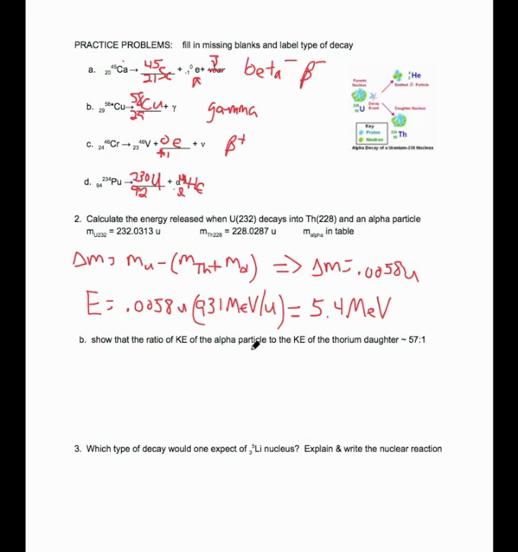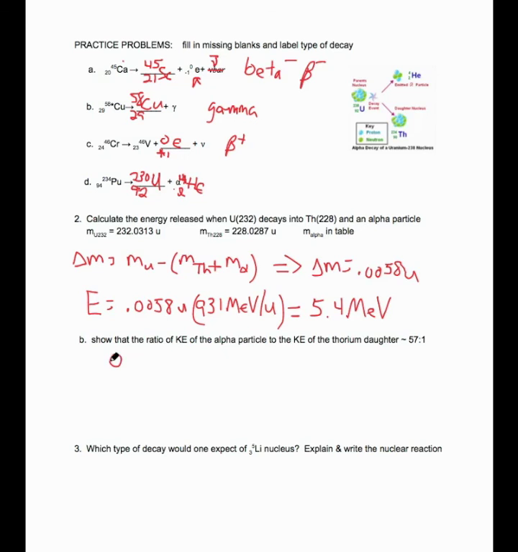Okay, so we have two daughter products in this decay. We have the thorium, which is a large nucleus, and the alpha particle, which is a very small nucleus. As per a discussion we had in class, the easiest way to approach this is looking at conservation of momentum to give us an idea of the relative kinetic energies. So in other words, if the parent nucleus is initially not moving for all intents and purposes, then the momentum is 0.